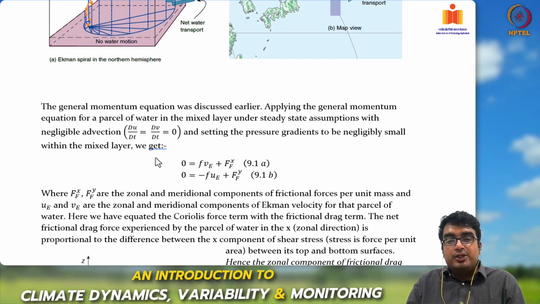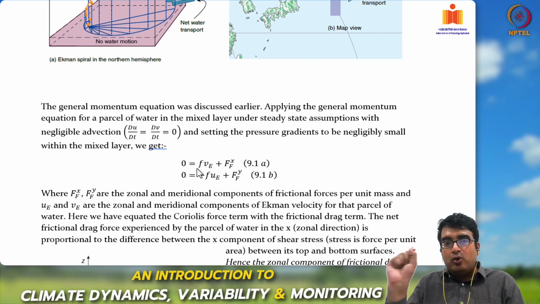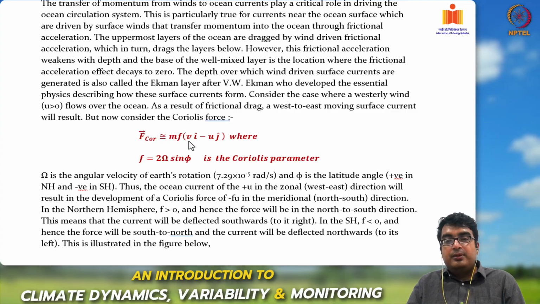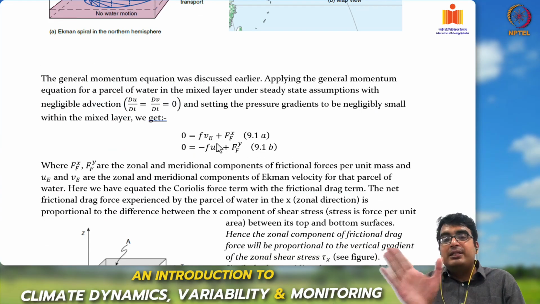Neglecting the pressure force, you get the zonal component as f times v_E, the Ekman velocity, the meridional component of the Ekman ocean current velocity, times the Coriolis parameter f. This is the first term here. Okay. Plus the frictional force in the zonal direction.